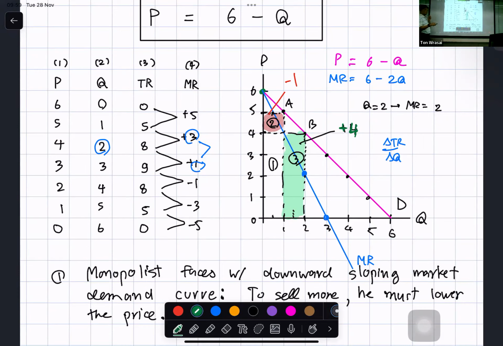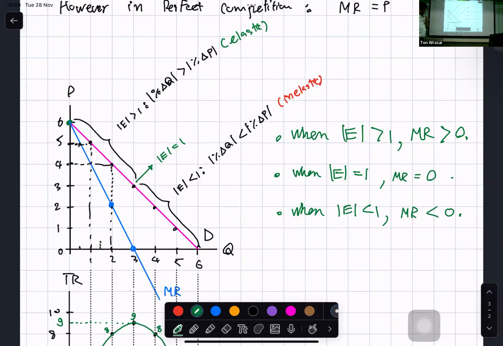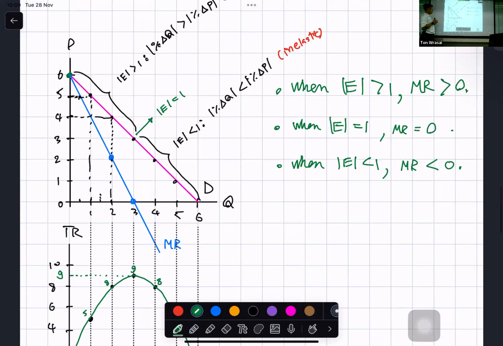But no, here, -1, -3, -5, no. So the lesson learned from this picture is that the monopolist will want to operate over this segment only. Let's paint it here. In other words, this guy will not want to sell more than 3 pieces, for sure.